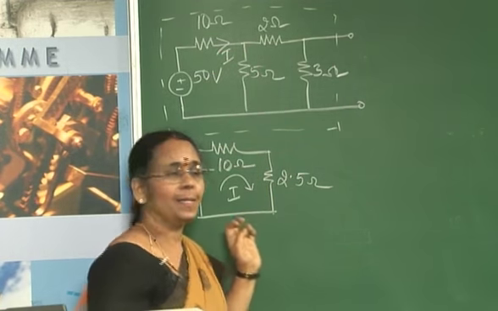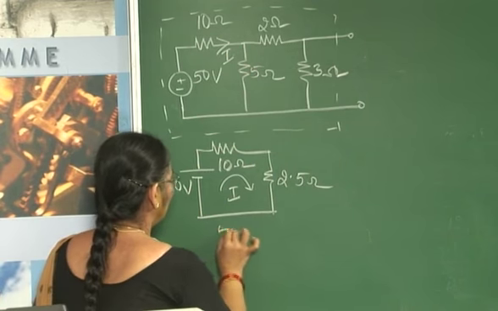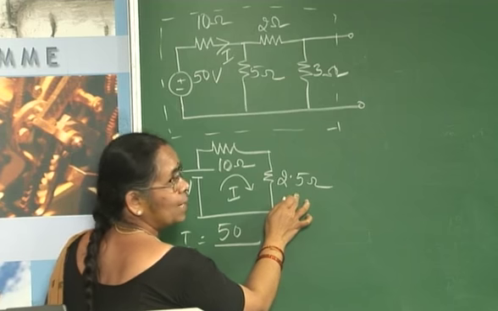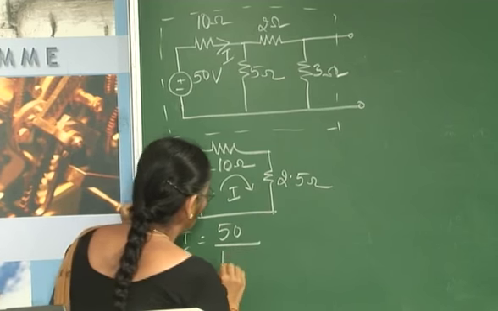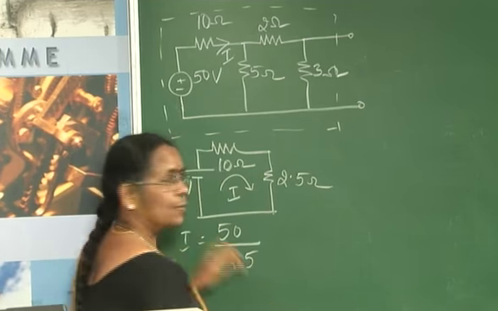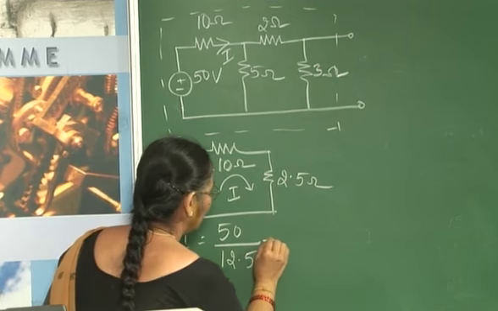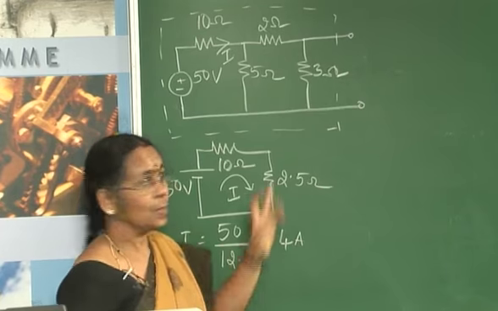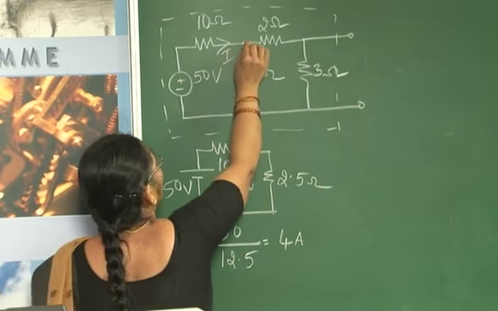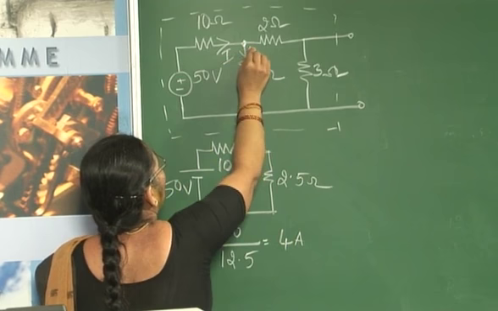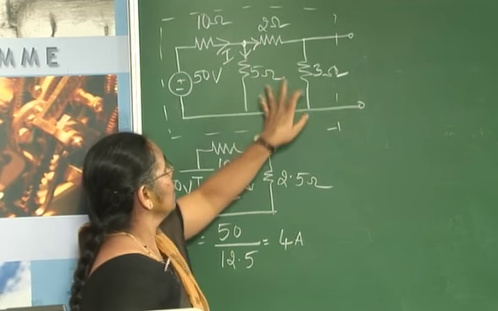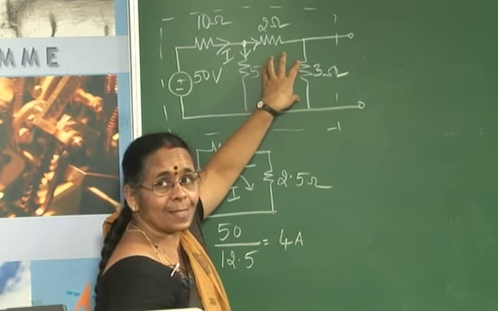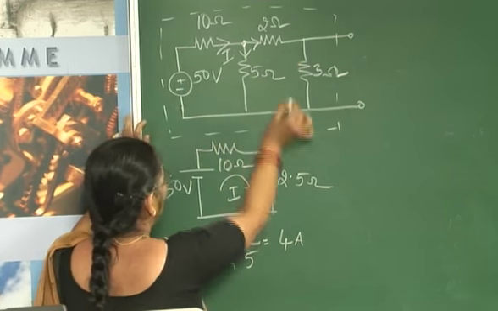Okay. So the current I is equal to 50 divided by 10 plus 2.5, which is equal to 12.5. 50 divided by 12.5 gives me the value equal to 4 amperes. So this 4 amperes enters at this point and gets divided between these two. Since both of them have equal resistance value, the current divides equally through both the branches.